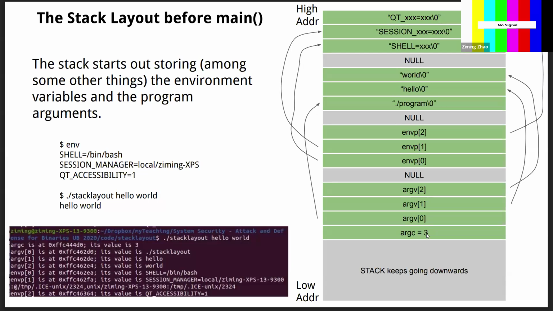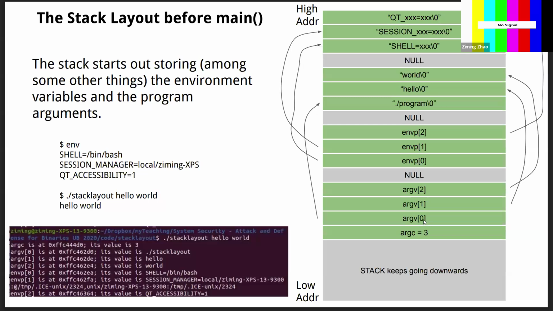That's why argc is 3. Then we will have an array of strings, right? An array of string addresses. That's why we have argv0, argv1, argv2, until we have a 0. This is an array of addresses of strings.